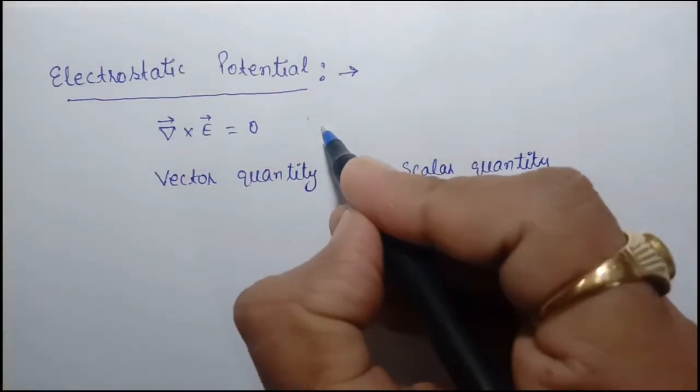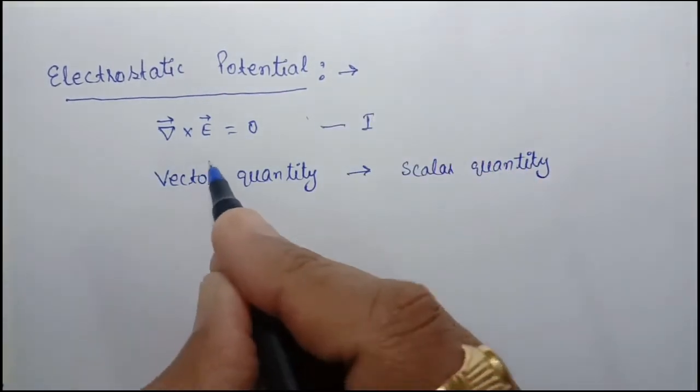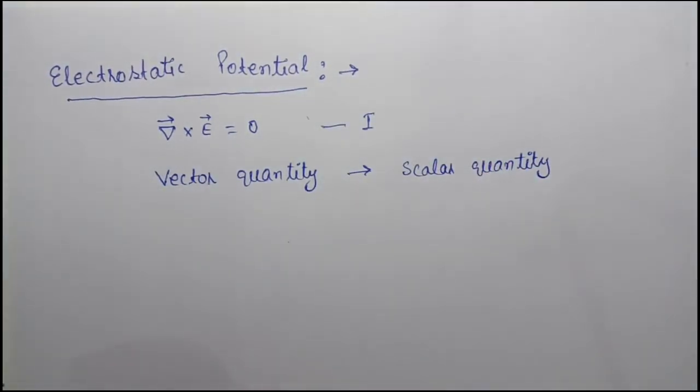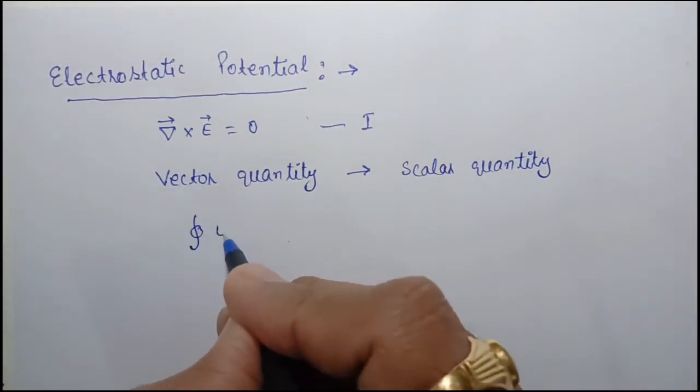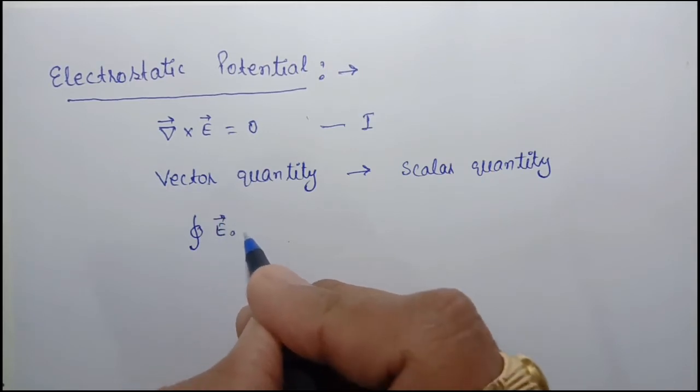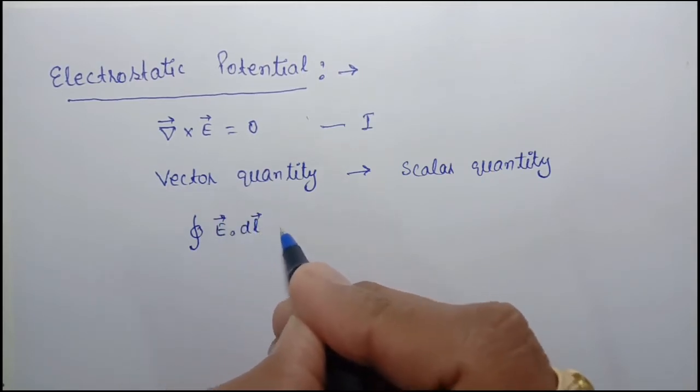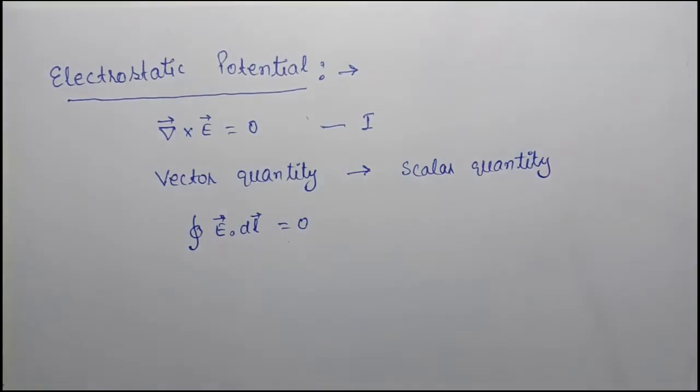So here this question, that is curl of electric field equals 0, is only possible if the line integral of electric field is equal to 0.